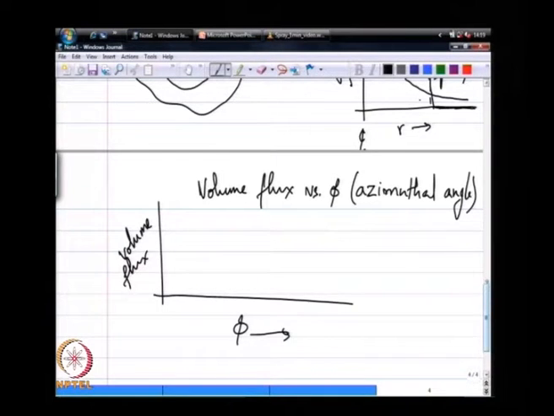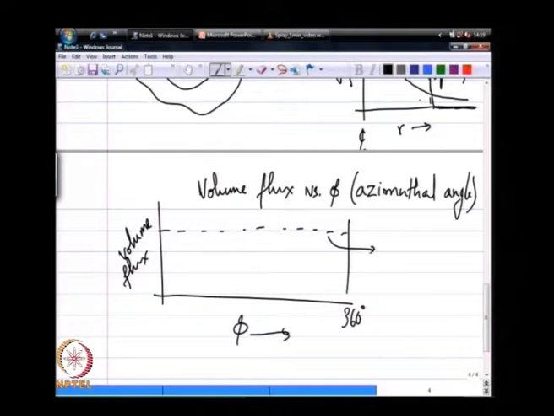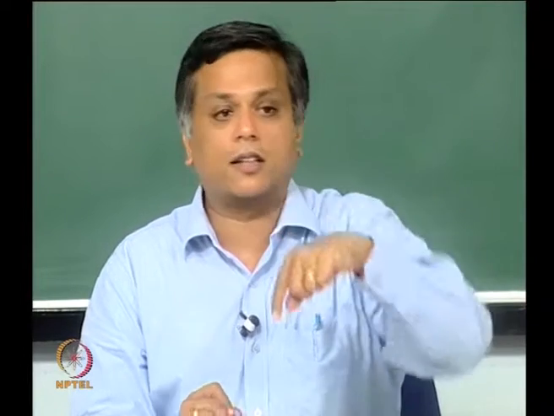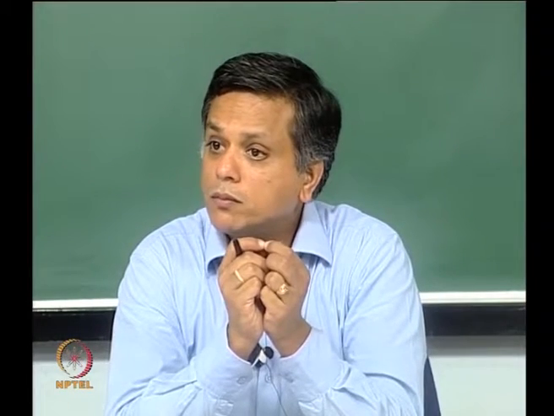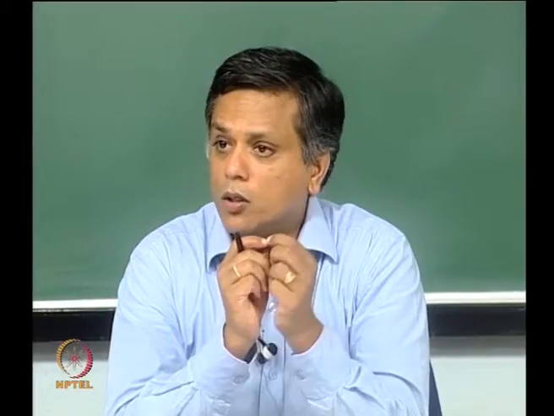In the most ideal perfect spray, this would be a constant: walking around a certain circle symmetric around the center, the volume flux at all the points on that circle is the same.